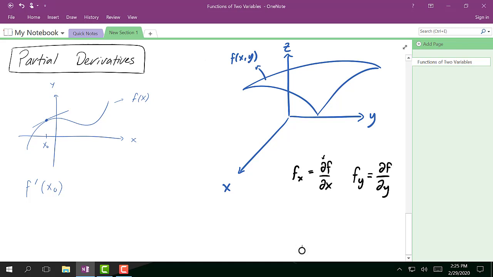A good way of thinking about this is that when you take the partial derivative of a function with respect to a variable, you hold all the other variables constant. In this case, we only have one other variable. So when we take the derivative of f with respect to x, y is held constant. Here, x will be held constant.